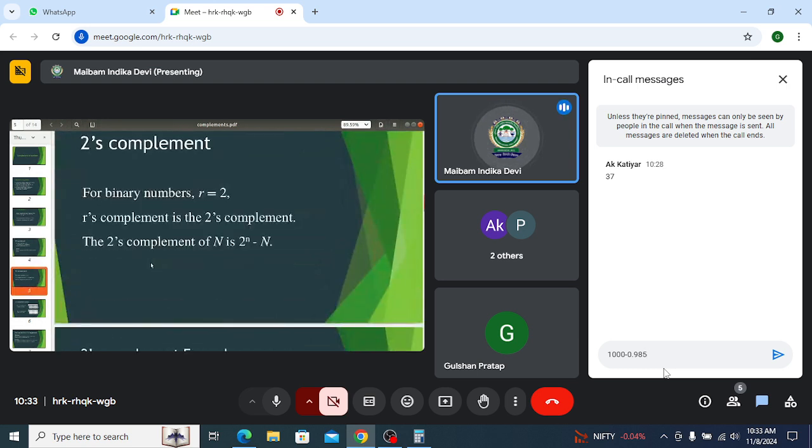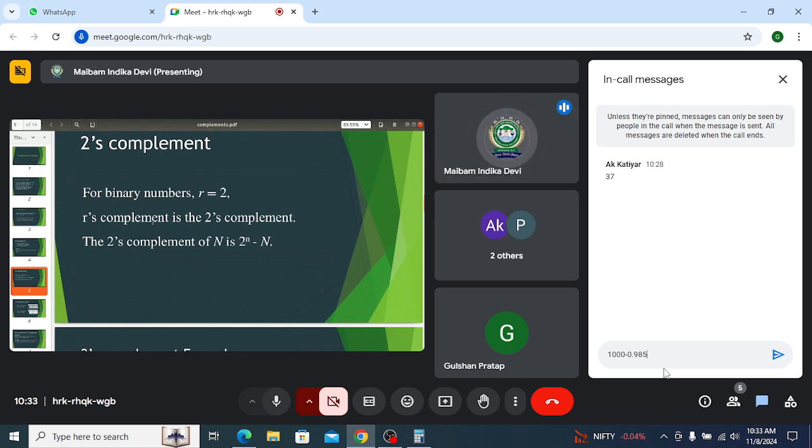Now coming to two's complement. If in that formula the base of the number system is two, that is binary, then it will be called the two's complement.